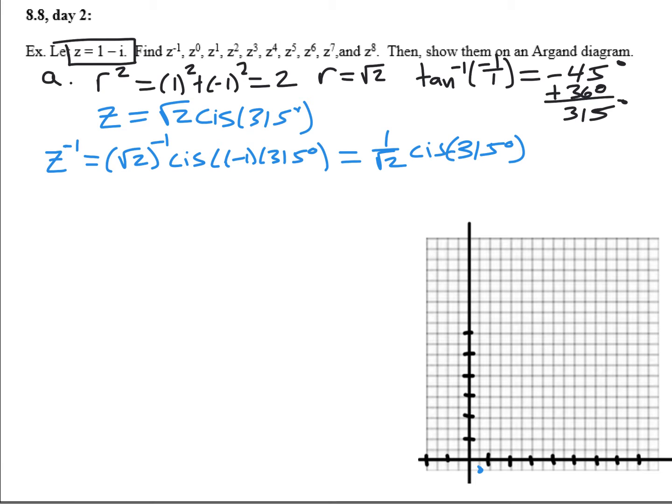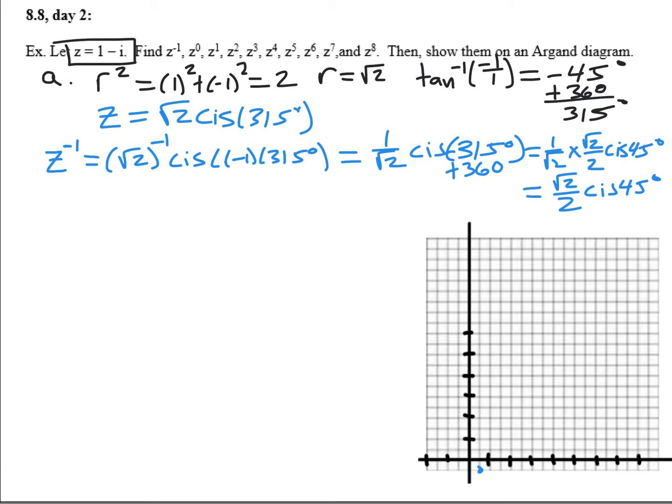Oops, there should be a negative. That gets multiplied by -1. What I would do then here is rationalize that, and then here I'd have to add 360. And I would end up with square root 2 over 2 CIS 45. That would be to the negative first power.